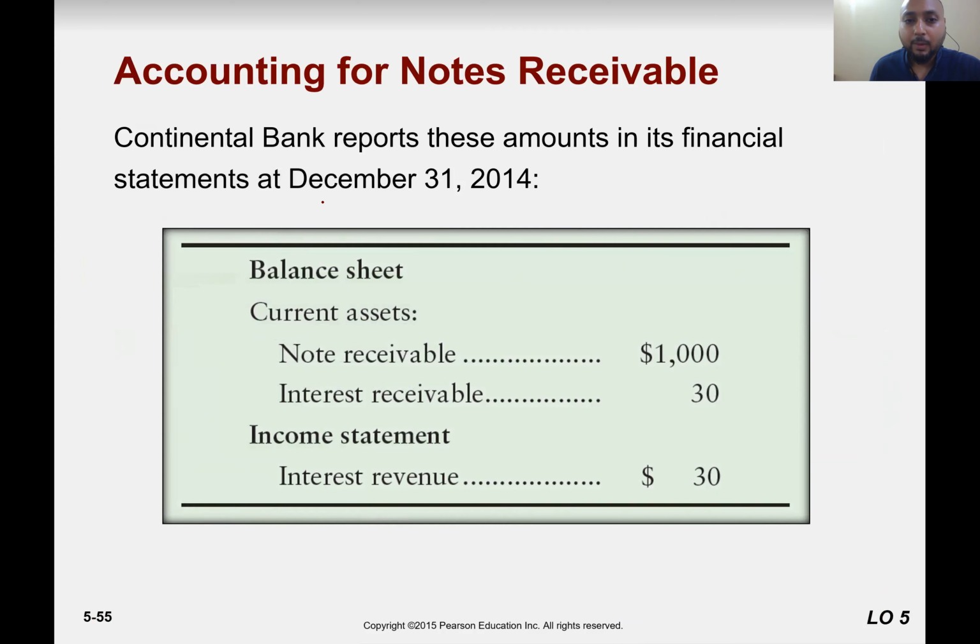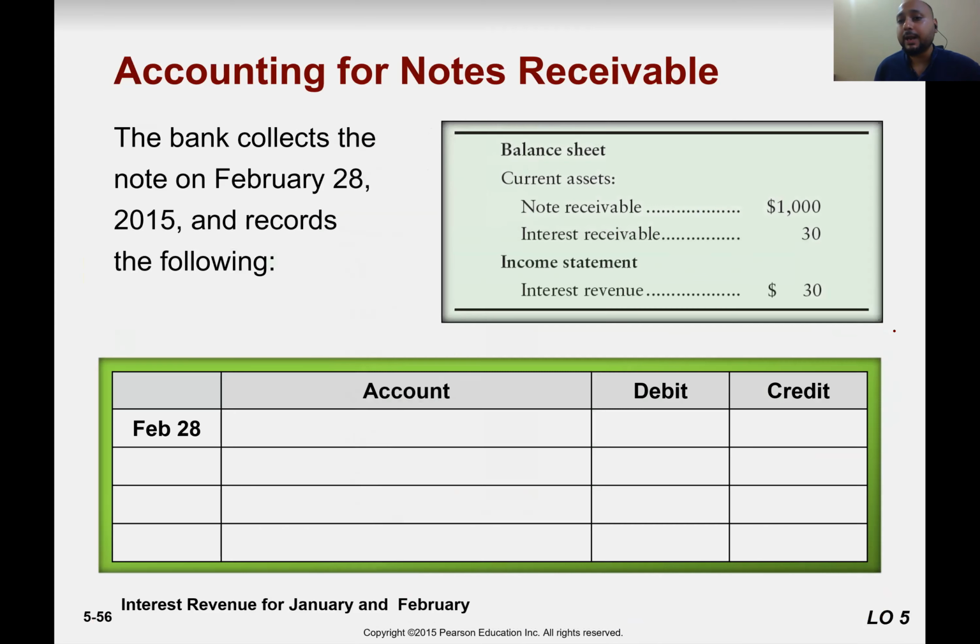Now, what happened on 28th of February? On 28th of February, he paid us principal plus all the interest, right? So in 2015, how much interest belongs to 2015?